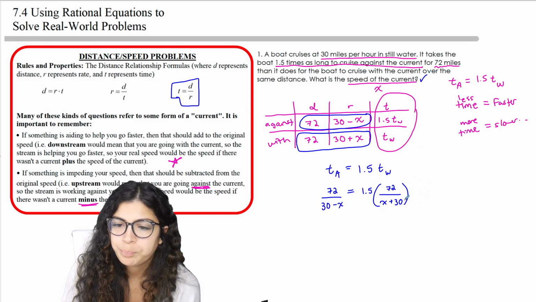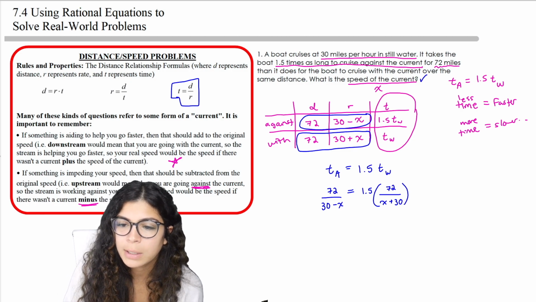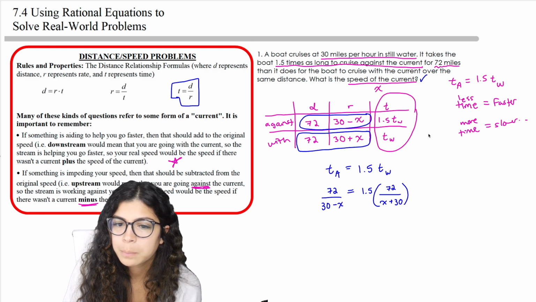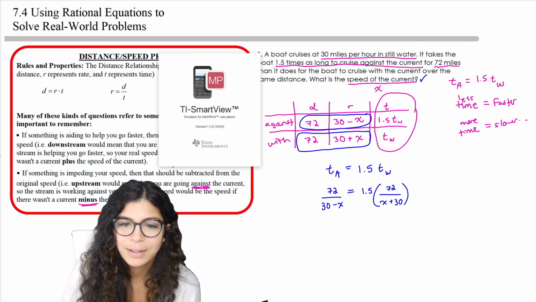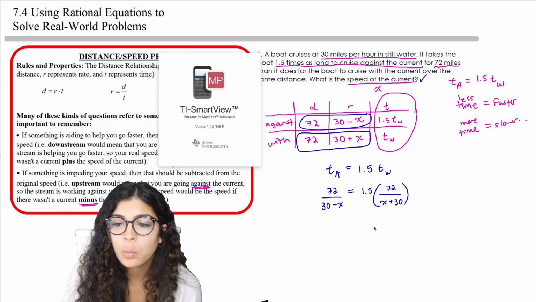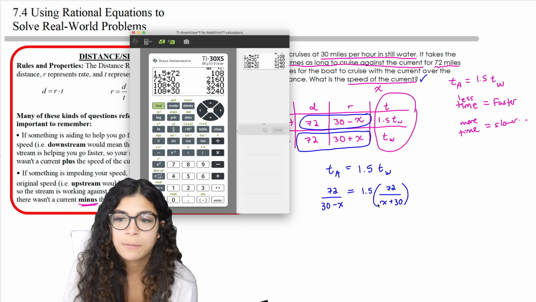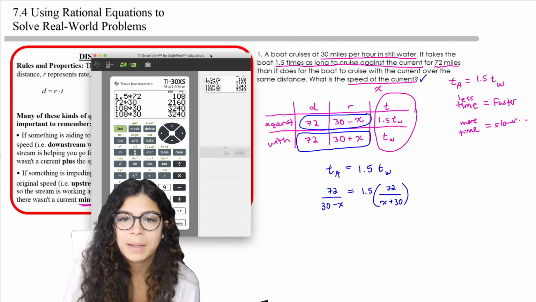So let's do that. 1.5 times 72, I could bring up my calculator so I can multiply that. And remember, when you have a number and you're multiplying that to a fraction, you only multiply that to the numerator.